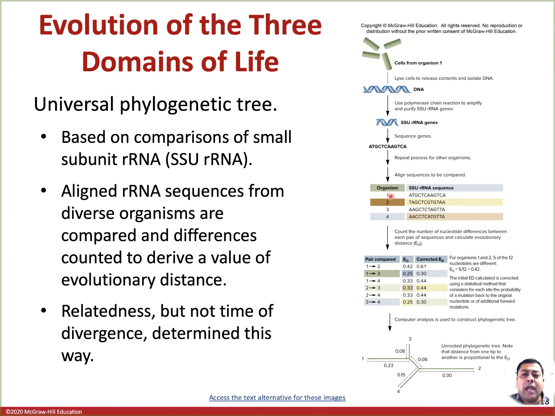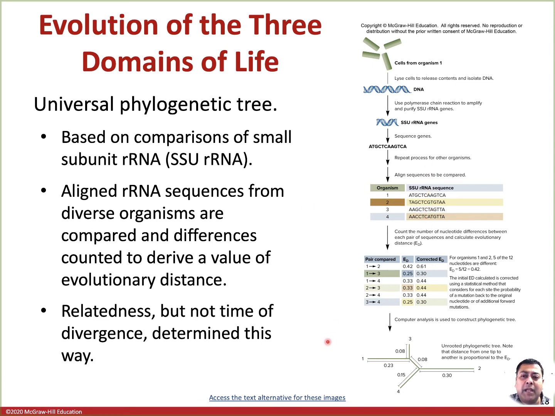Now suppose we have these 4 different organisms, 1, 2, 3, and 4, and we have aligned these small subunit ribosomal RNA sequences, and these are the alignments. If you look at these areas, we are looking at ATG, TCA, AGT.